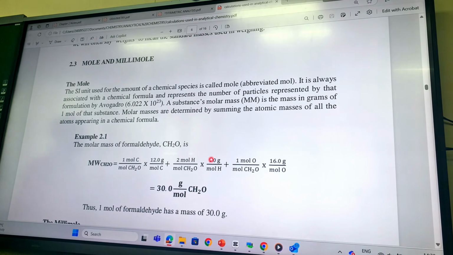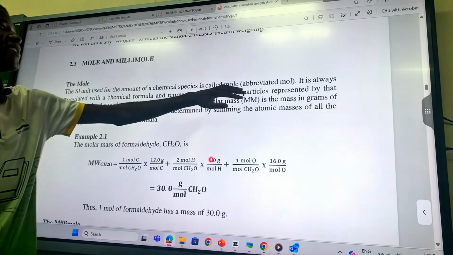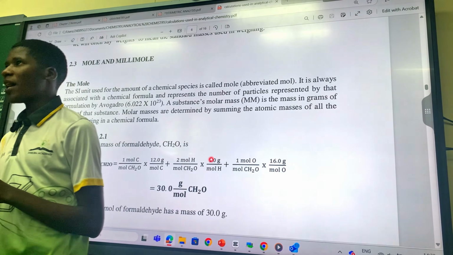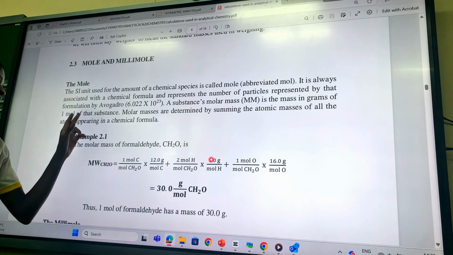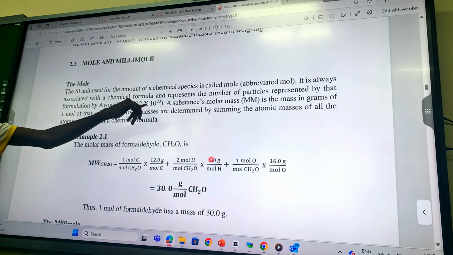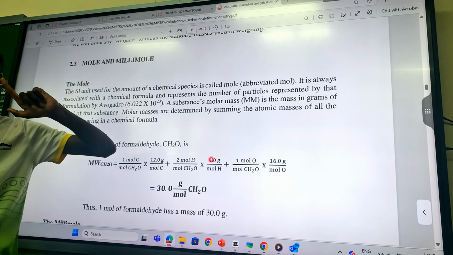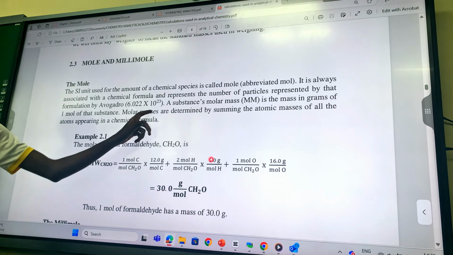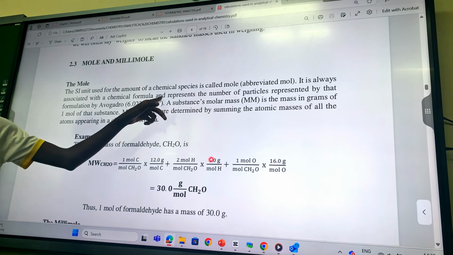So the simplest one is the mole. We believe all substances are made up of atoms, or we can say they are made up of smaller particles. Avogadro said each mole has 6.022 times 10 to the power 23 particles. So whenever you hear 1 mole of a substance, you are referring to 6.022 times 10 to the power 23 particles.